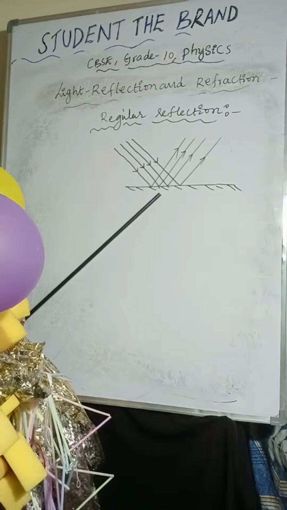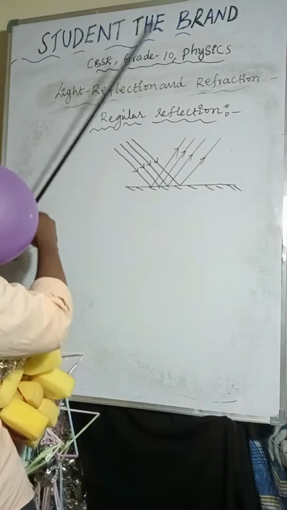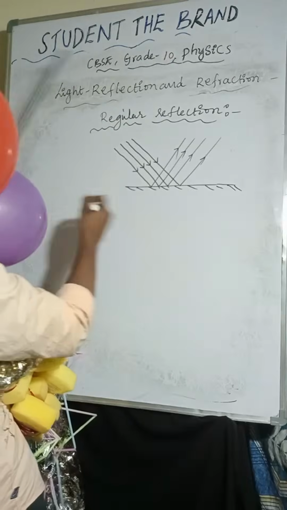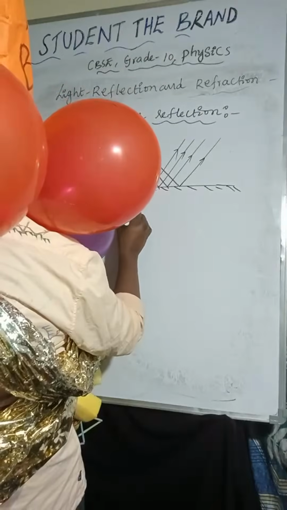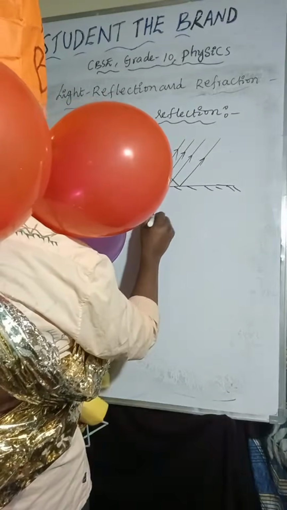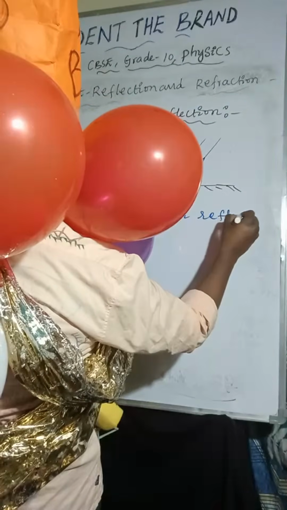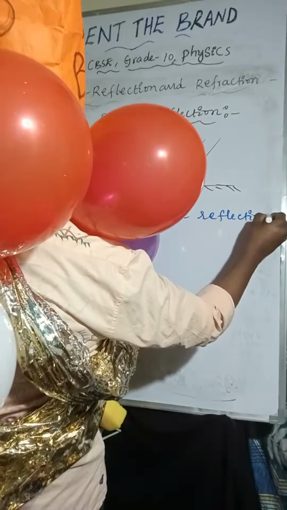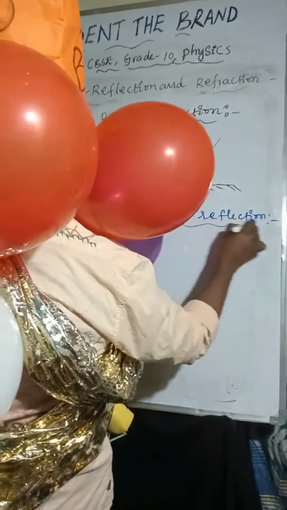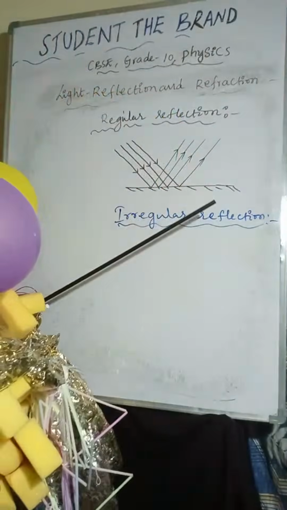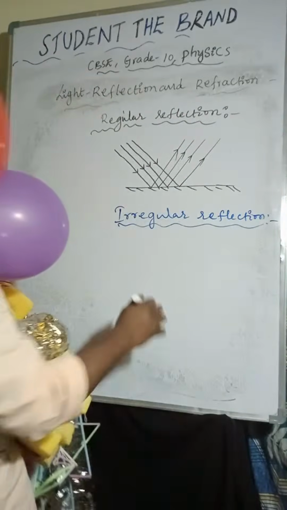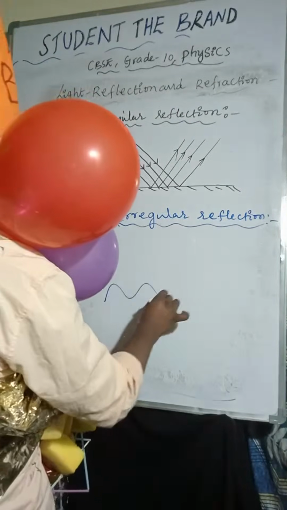Okay, so coming to irregular reflection. Irregular reflection takes place on a rough surface. So I am taking a rough surface.